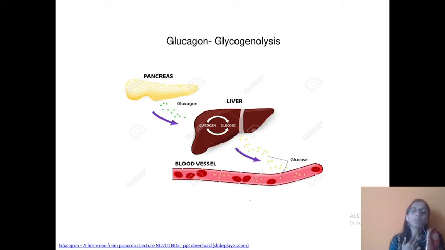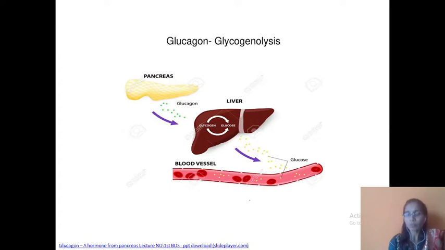Now as we know, if the blood glucose level increases, then insulin is secreted by the pancreatic beta cells and the blood glucose level is controlled. But when the blood glucose level decreases, then the pancreatic alpha cells secrete the glucagon hormone, which is the first to indicate that the blood glucose level is decreasing. Then the body has to take care that the blood glucose level is controlled by using a suitable process.